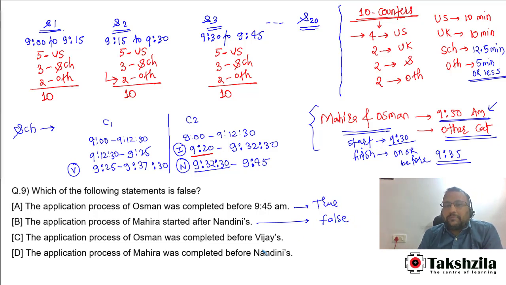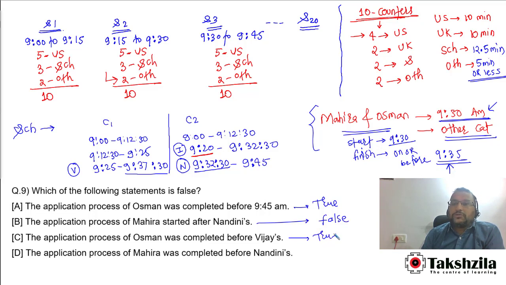Let's check the other statements as well. The application process of Usman was completed before Vijay. The application process of Vijay is getting completed at 9:37:30 and the application process of Usman is getting completed at 9:35 or before. So statement C is true.